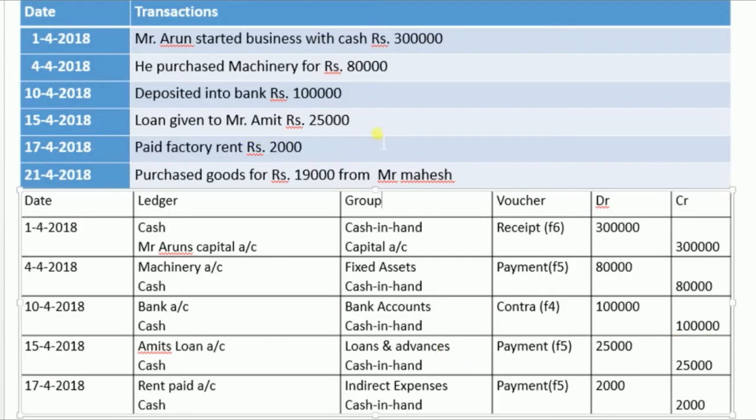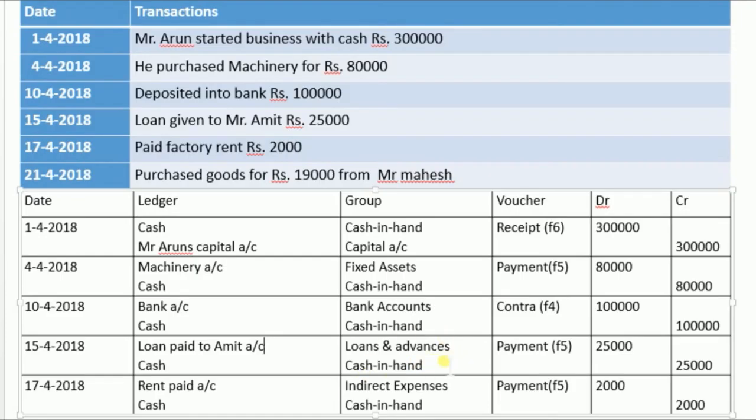15/4 loan given to Mr. Amit rupees 25,000. Amit's loan account, cash account. Okay, even you can take loan paid to Amit. That will be better. Loan paid to Amit. By that we will understand it is loan paid. Loan paid to Amit account, loans and advance.